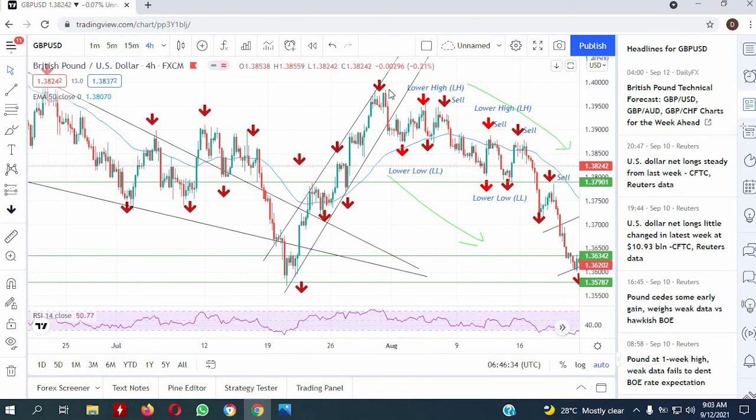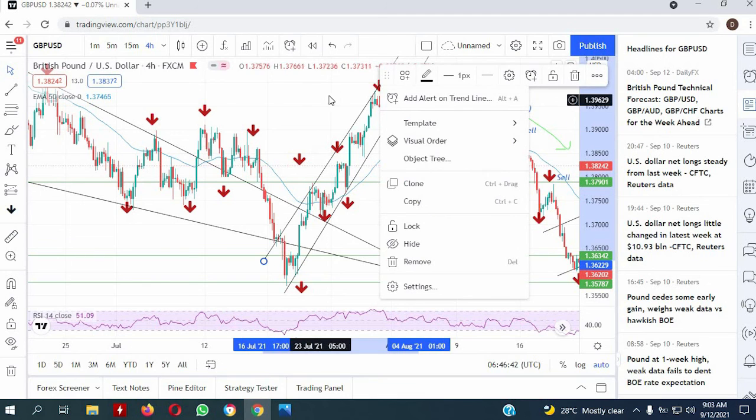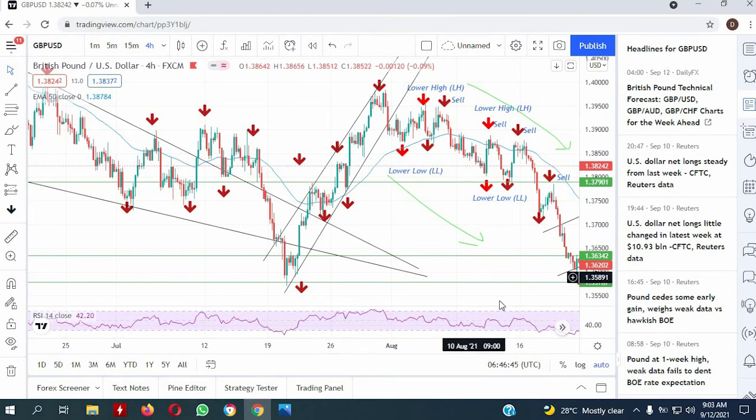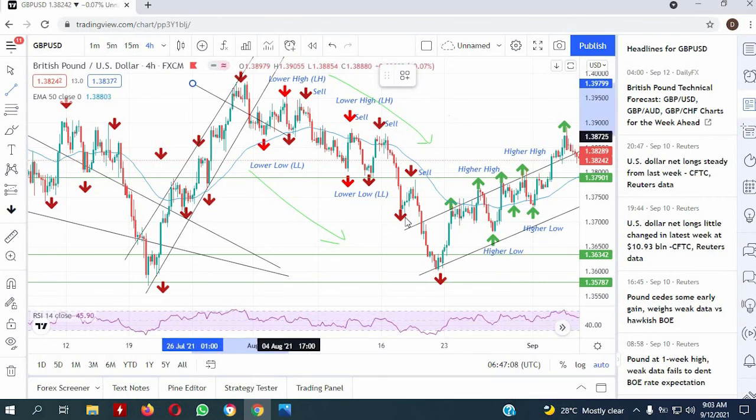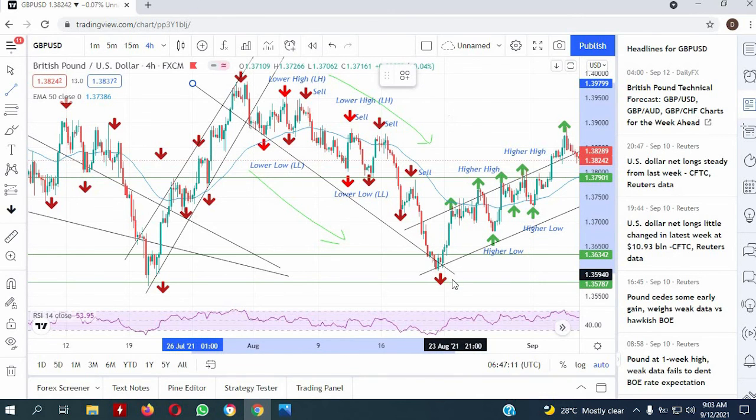So once the market breaks the trend line, this should be green. This is our up move, so that should be green. Once the market breaks the trend line, it is indicating something. Once it breaks the trend line and then creates two or more lower high and lower low, it is telling us something. So leave it in the comment section and tell me what you think the market is saying.